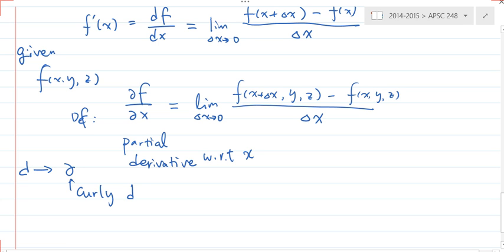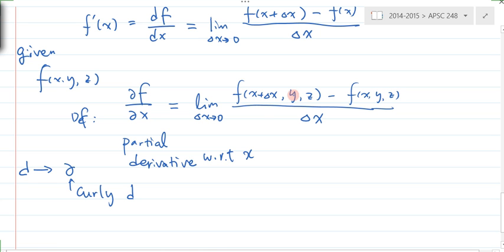Now, the next question is, given a multivariable function, how do I calculate this partial derivative? It all comes out of this definition. Look at the numerator. When you subtract this from this, what's changed?